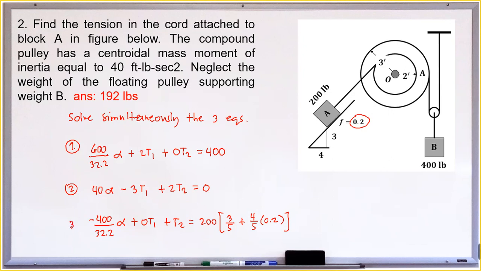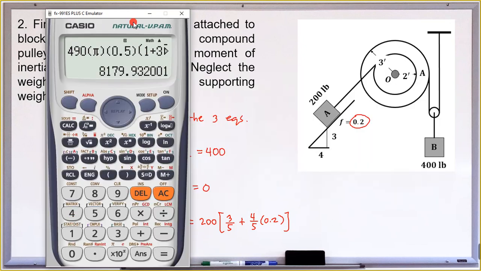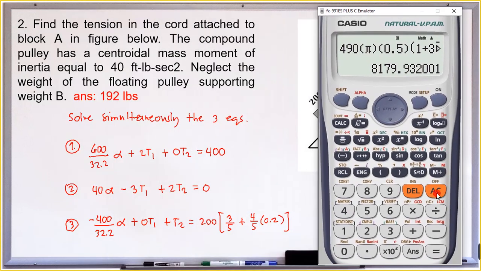So we have three equations and three unknowns. Then we can use our calculator. Go to equation mode, choose the option for three equations, three unknowns. Input 600 divided by 32.2, then 2T1, 0 for T2, and 400 as the constant.